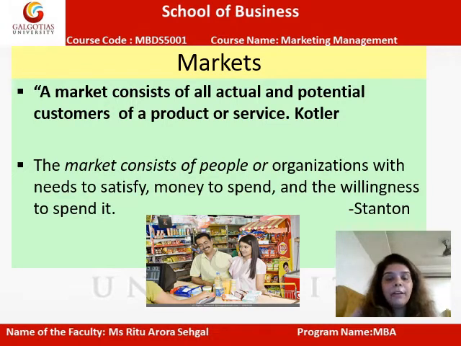So the customer who was an actual customer for that 10 lakh vehicle was a potential customer for that 15 lakh vehicle. And sometimes customers stretch a little beyond the budget and purchase that 15 lakh vehicle when they see certain differentiated features.